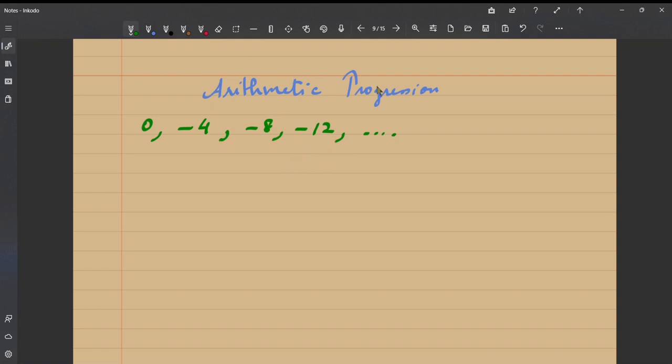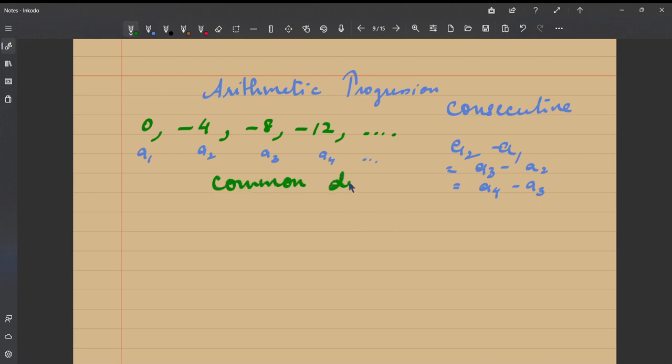We've seen that in an arithmetic progression, if these terms can be called as A1, A2, A3, A4 and so on, the difference between the consecutive terms, which is A2 minus A1, should be equal to A3 minus A2 and it should be equal to A4 minus A3, etc. That is, there should be a common difference. The difference should not be different. It should be same. Right?